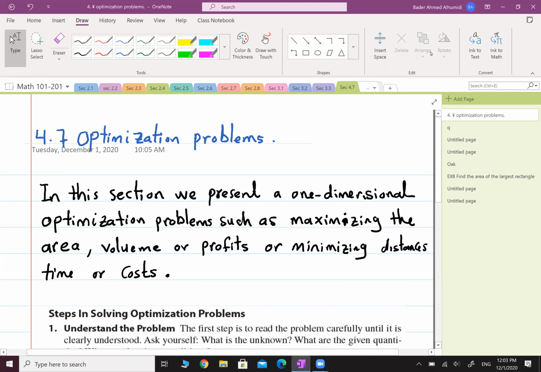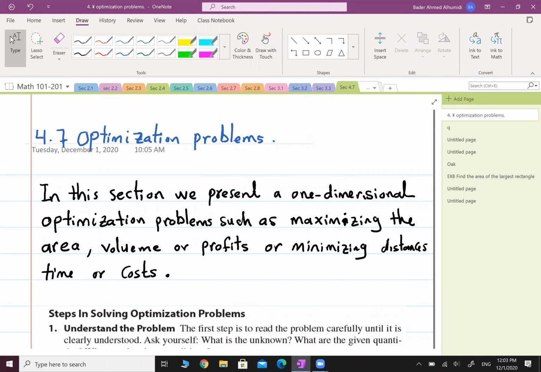Okay, how to solve in general an optimization problem. If you remember in 3.9, we talked about related rates, word problems. So always, if you have a word problem, maybe the challenging part is to convert it into what? Into a mathematical equation or mathematical model. So modeling the question, reading the question, converting it from words to mathematics.